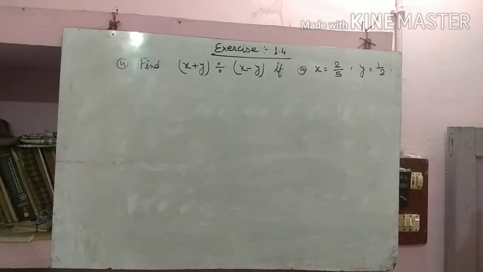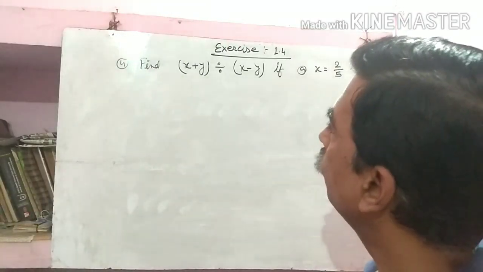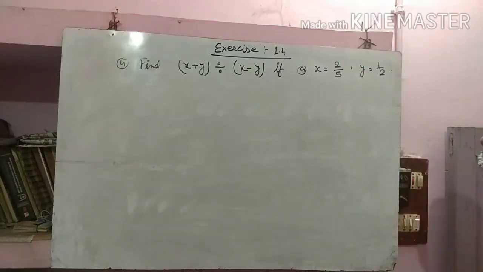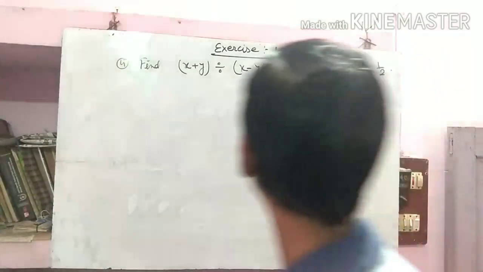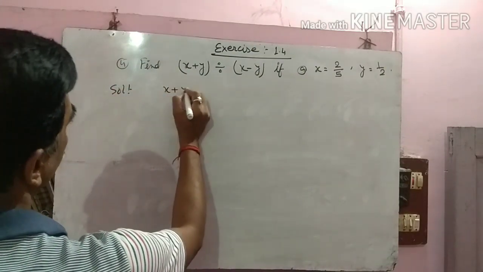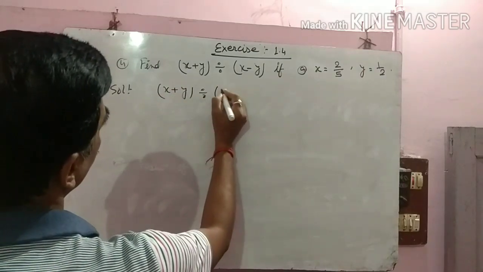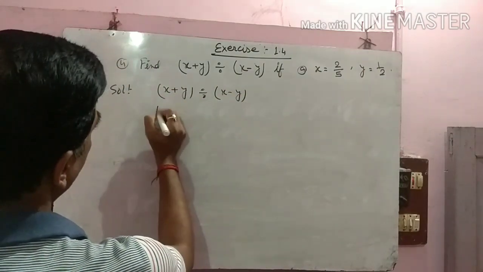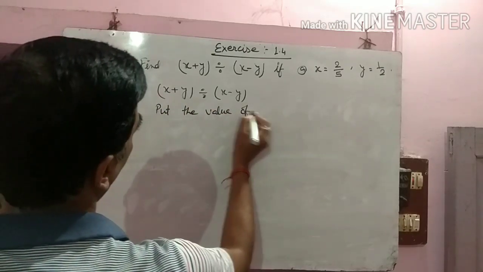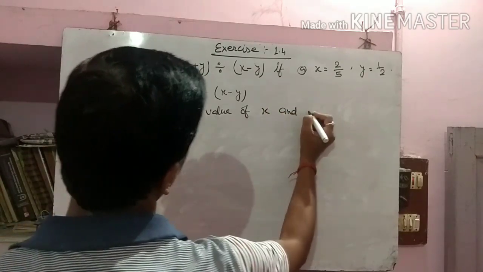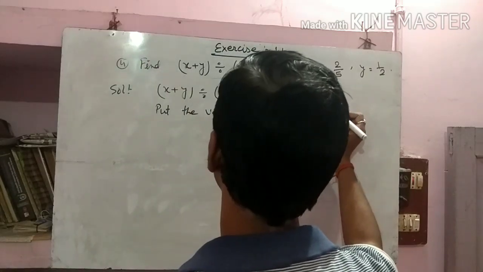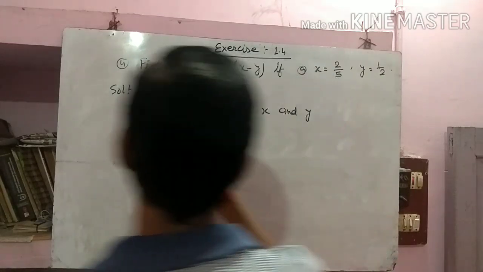The next question, question number 4, is: find the value of x plus y divided by x minus y if x is equal to 2 by 5 and y is equal to 1 by 2. In solving this question, I have written the question as it is given: x plus y divided by x minus y. In the next step, we have to put the values of x and y. Then what will we get?